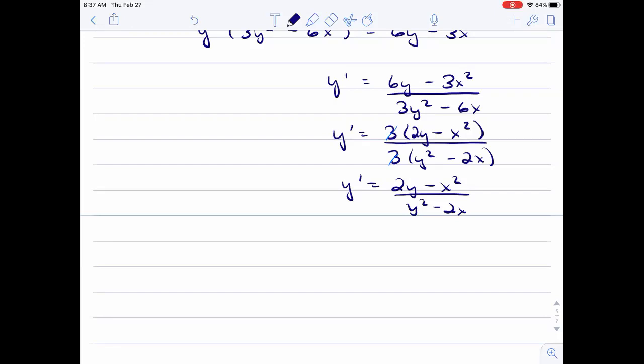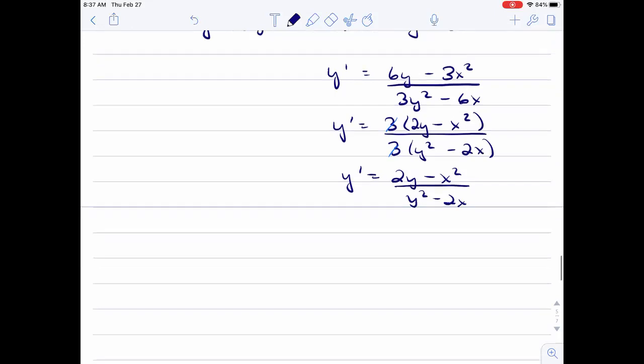So now I've got a function for the slope of the tangent line. Now I want to find the equation of the tangent line at the point 3, 3.